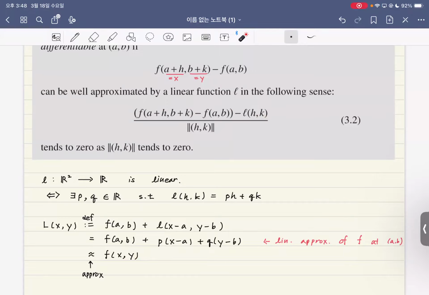Just like the single variable function, we can argue the same thing. So why do we need to focus on the differentiation of two variable functions?